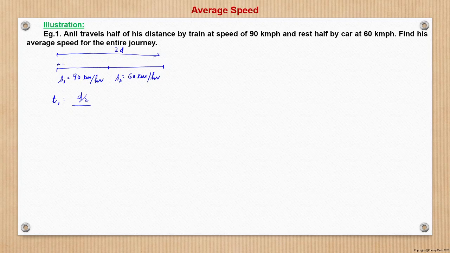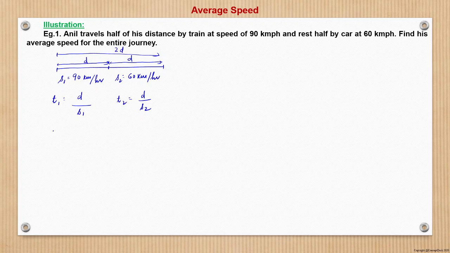So the first part would be d, and the second part would be d, just to avoid the fractions. Otherwise, it will hardly make any difference, right? So now I'm going to derive a generic term. Here T1 would be d upon S1 and T2 would be d upon S2.